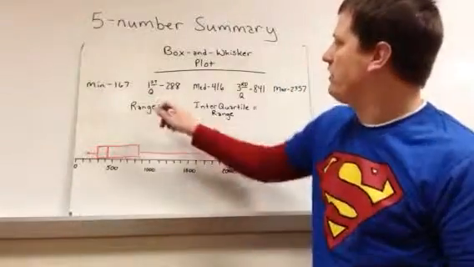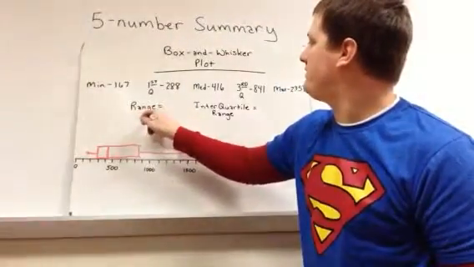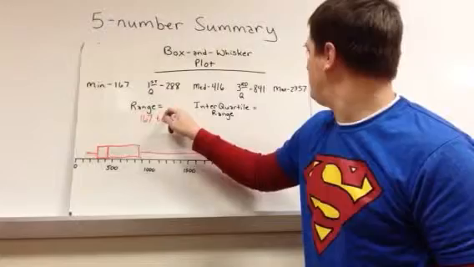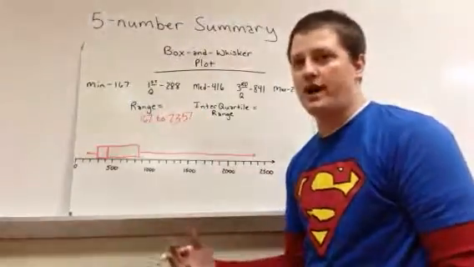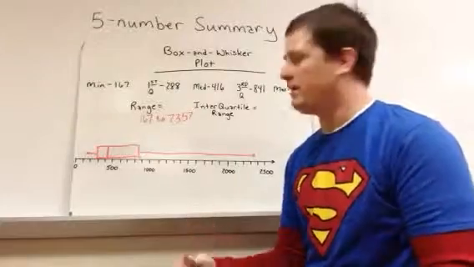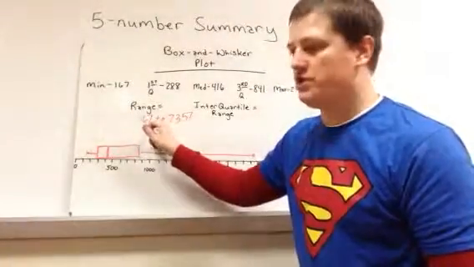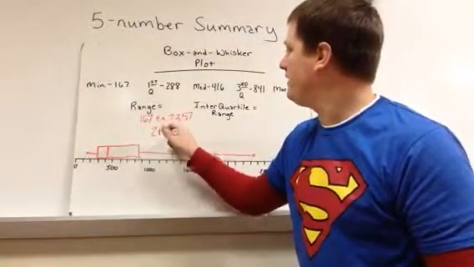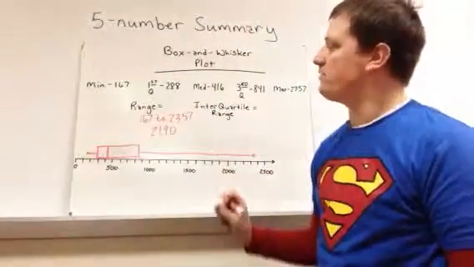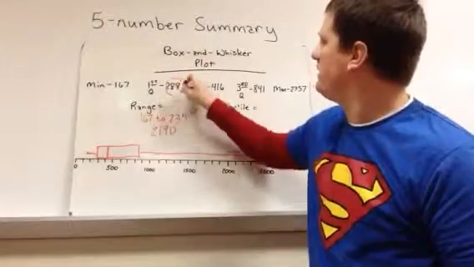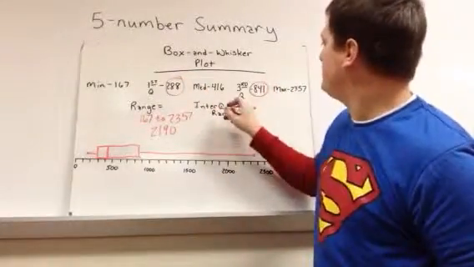So our range goes from 167 to 2,357. If we want to do the subtraction for that we can get a calculator out, subtract these, and we should get 2,190. The interquartile range is the same idea as the range. It's just with the first and the third quartiles.